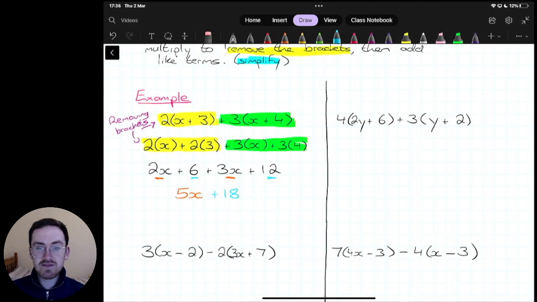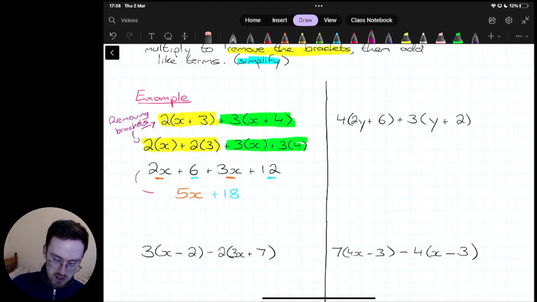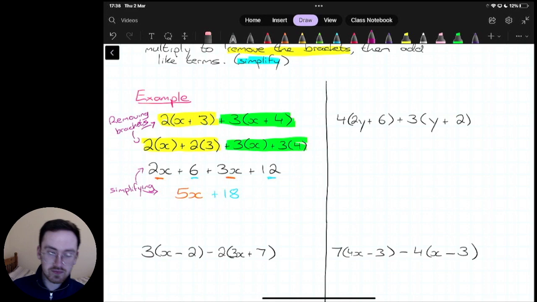And that would be my final answer. So what we've done is we've gotten rid of the brackets and we've done what we call simplifying. This part here is what we would call simplifying. We're making it simpler by adding our like terms. And the equation that we've ended up with, 5x plus 18, is a lot simpler than the one we started with.